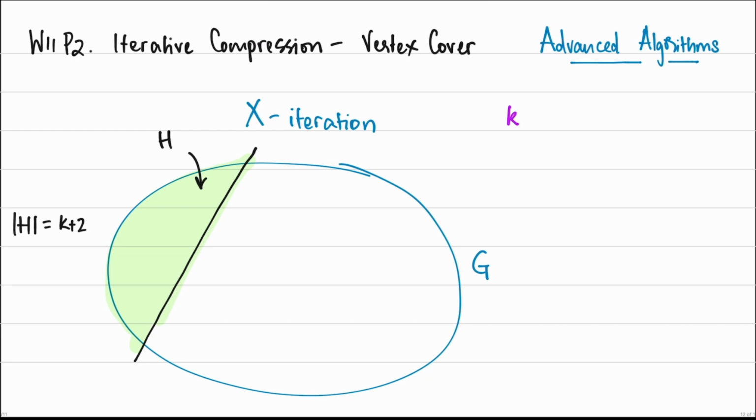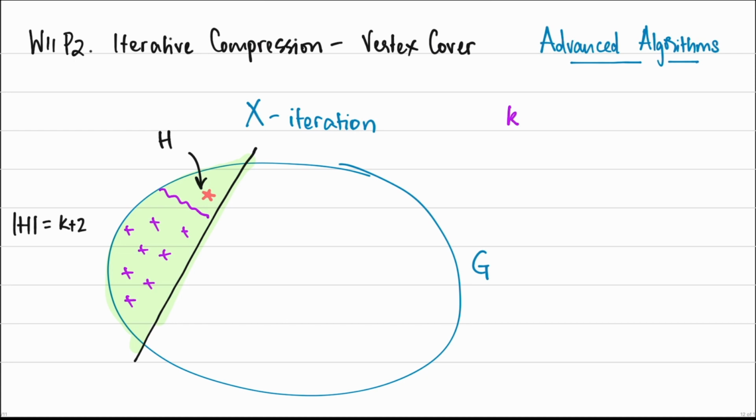Now notice that because H only has k plus 2 vertices, it has a trivial vertex cover of size k plus 1. You can pick any k plus 1 vertices that you like here, and that would be a valid vertex cover of size k plus 1 for H, because you would leave out only one vertex.